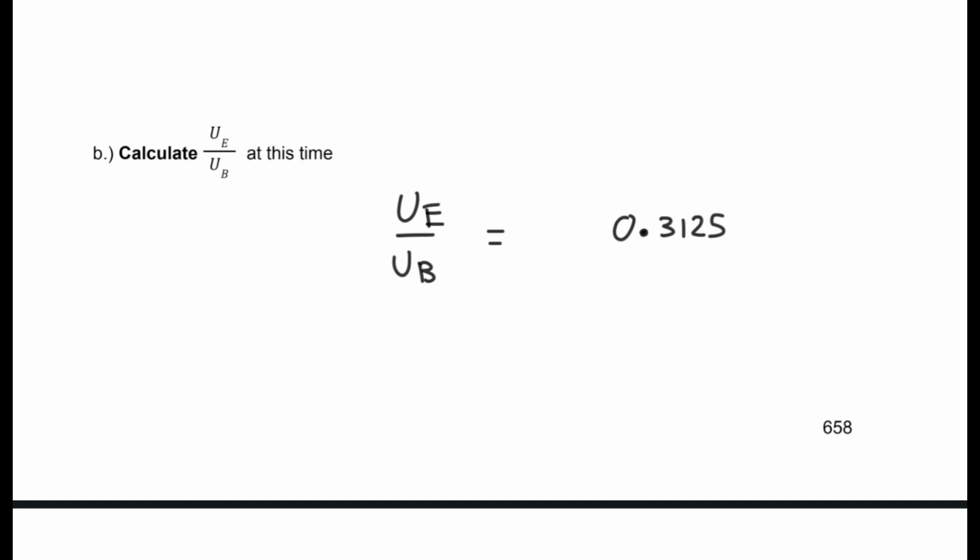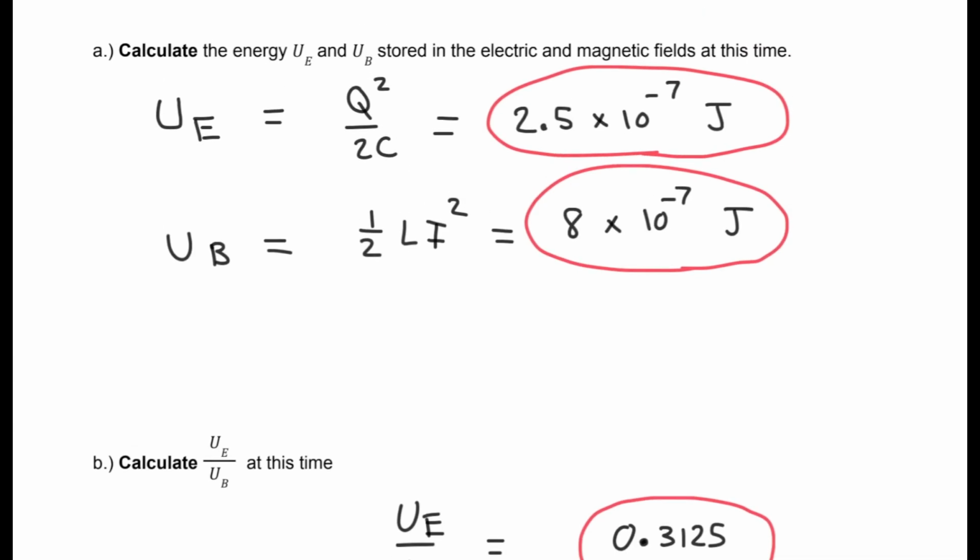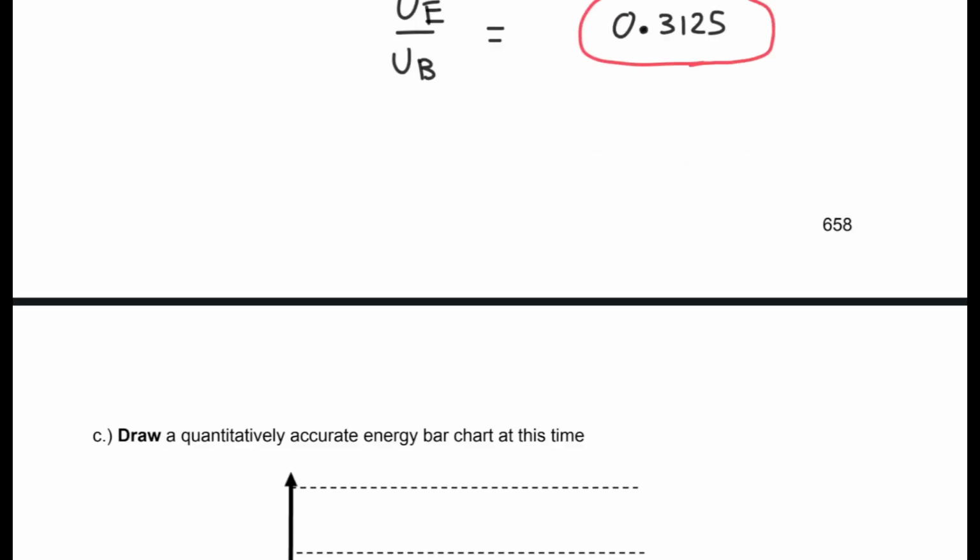It's just a ratio, so it's just a number. This tells us the electric field's stored energy is 31% of the magnetic field's stored energy.